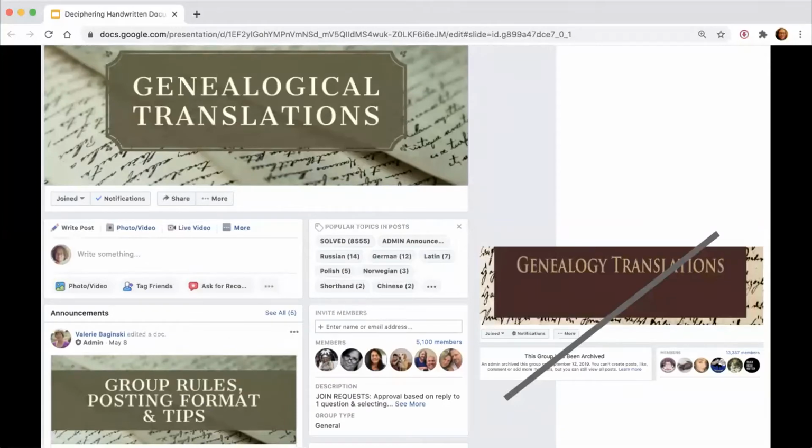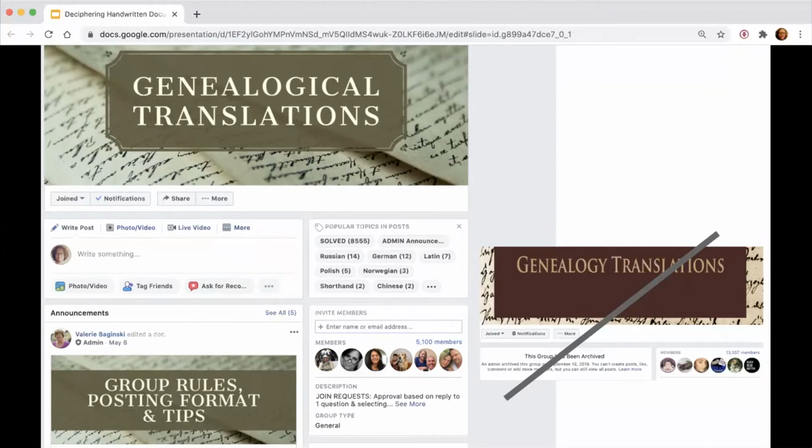So this Facebook group, Genealogical Translations, was taken up after the former group, now defunct Genealogy Translations, went out of service and is now only an archived group that you could search old posts, but you can no longer post.